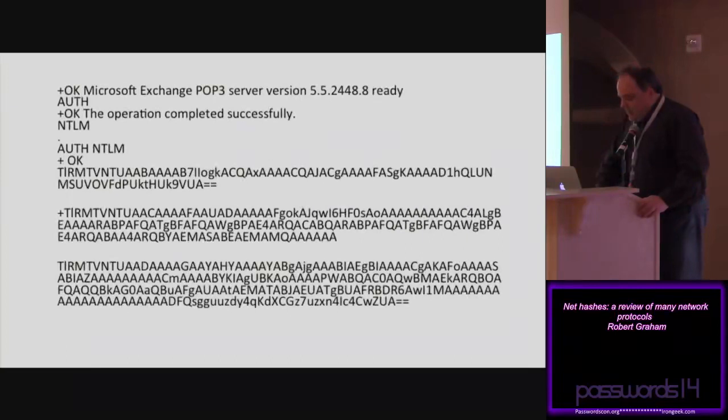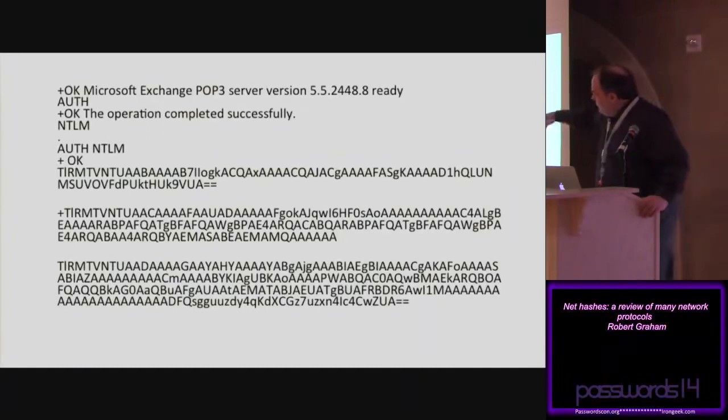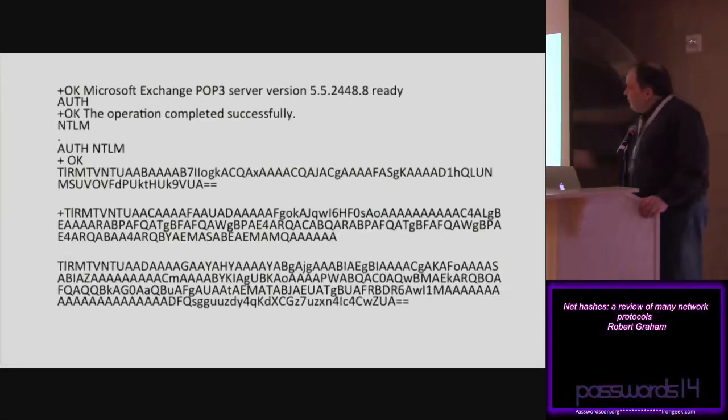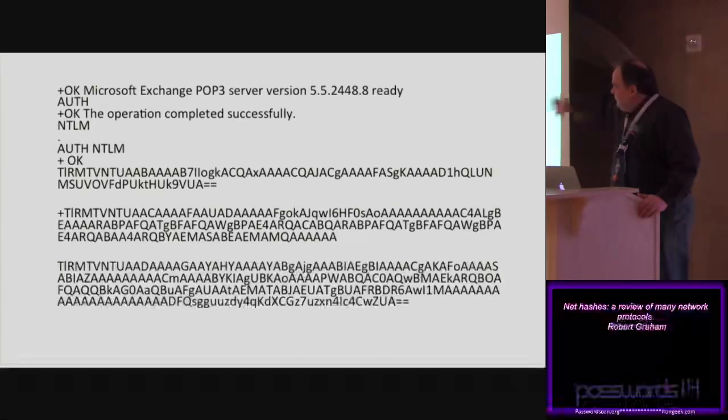Or I might be logging into a Microsoft Exchange server using POP3. And of course, Microsoft uses NTLM, which has a more complicated exchange going back and forth, but doing the same logic. It's all encoded here in base 64 because NTLM is a binary thing, but POP3 is a text-based protocol, so it's all got to be encoded with base 64.